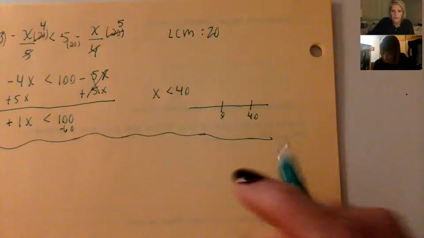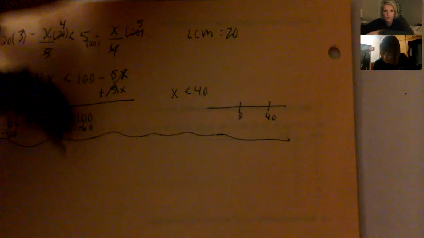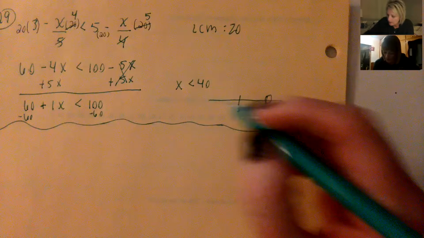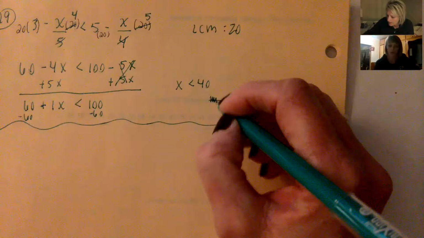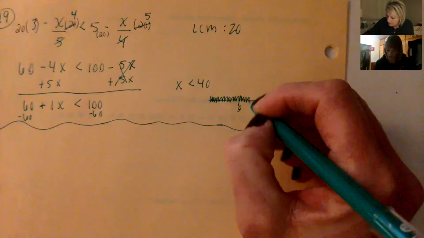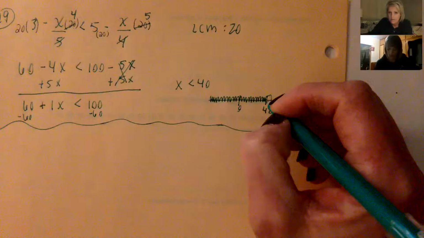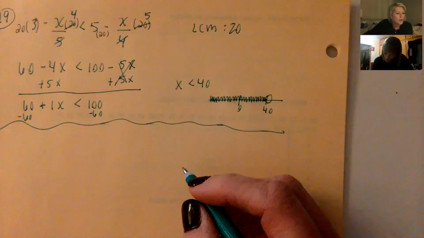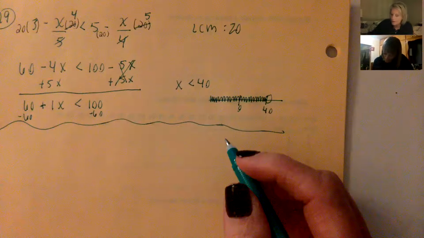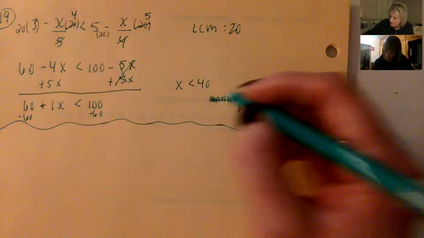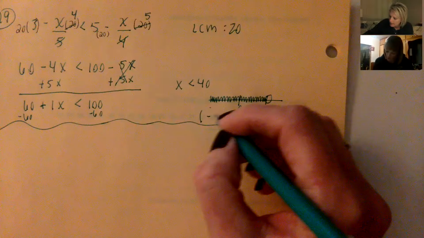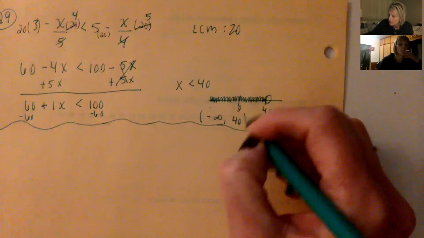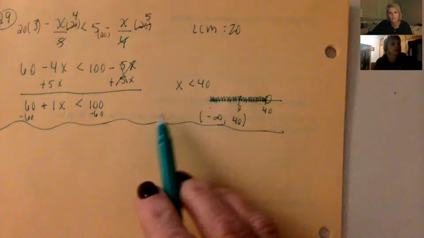And this is strictly less than, so we're going to have an open circle at 40, and then shade to the left. Interval-wise, it didn't ask for an interval, but we're going to do it anyway. So that means we can be as small as negative infinity up to 40 with a parenthesis, because we're not including it. It's a strictly less than.